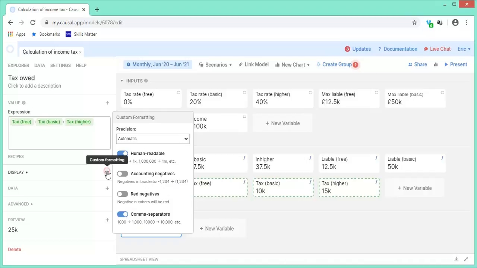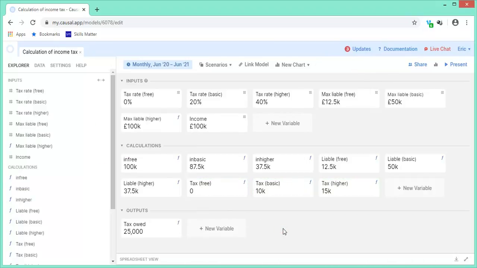I just want to check because we're getting the exact, yeah, 25,000. So someone who has an income of £100,000 will have to pay £25,000 in tax. So basically, a quarter of their income will go in tax. Interesting.